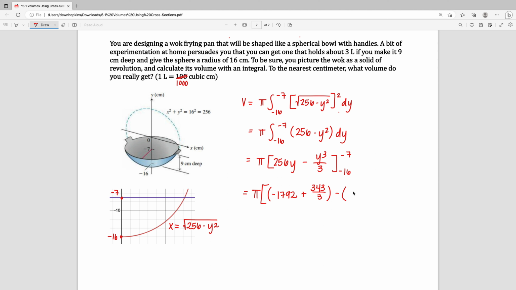And now I'm going to repeat the process with the negative 16. 256 times negative 16 is negative 4,096. Negative 16 cubed is negative 4,096, and because there's a minus in front of it, we end up with plus 4,096 over 3.